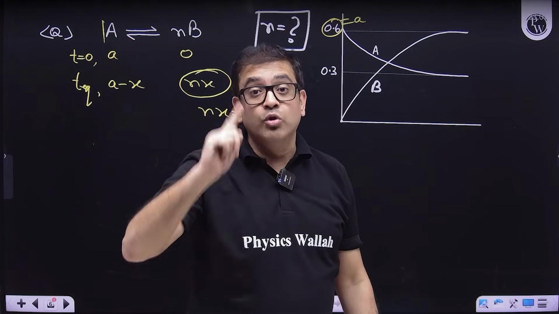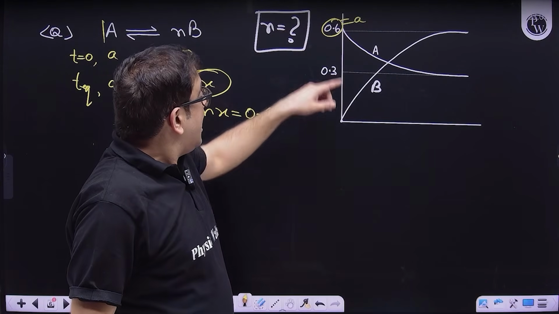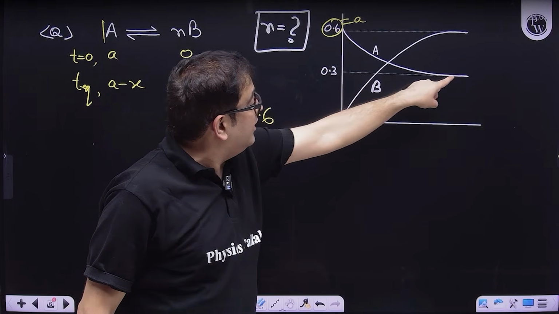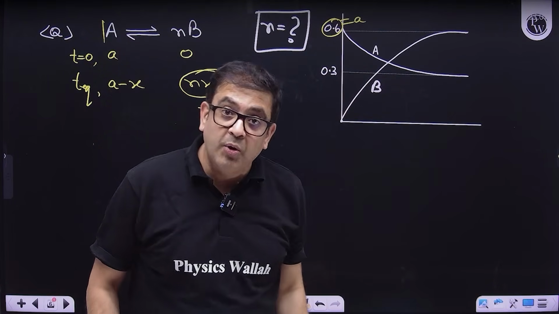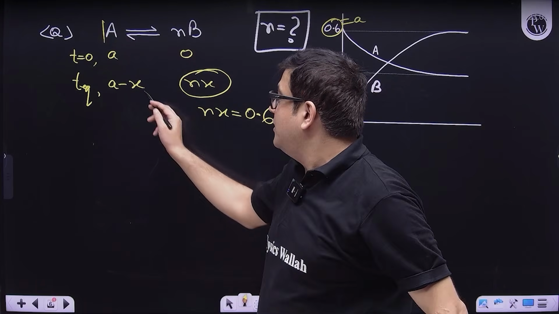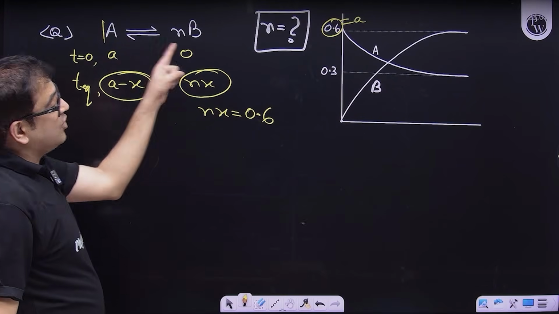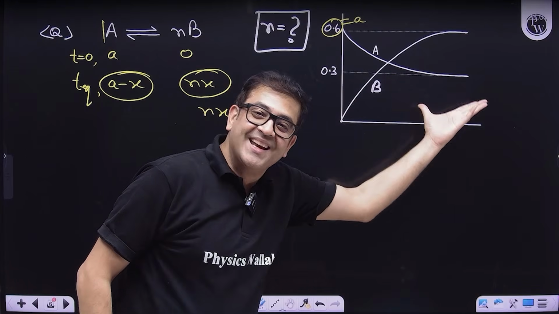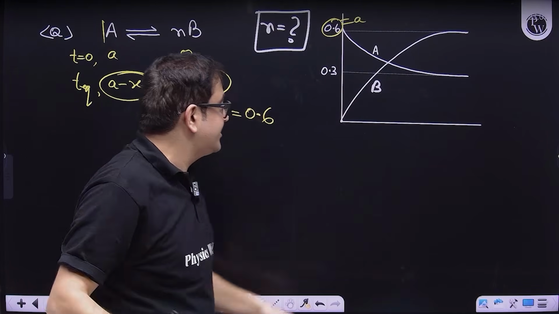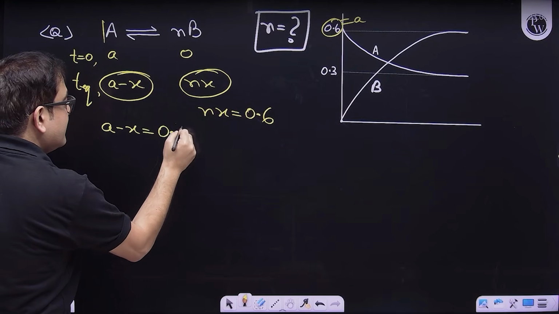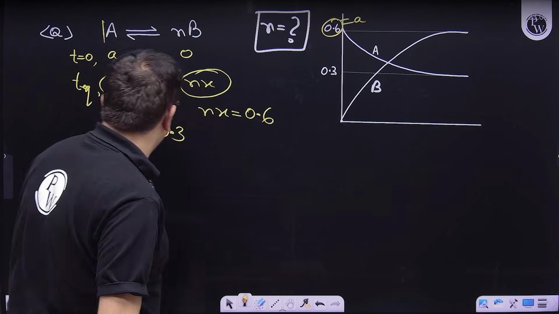One more thing. When A started from 0.6, it decreased till this value, and this value is also mentioned. So 0.3 is also mentioned. What is 0.3? It is a minus x. At equilibrium, the concentration of A is given through the graph. Many times JEE does this. So a minus x is given to be 0.3.